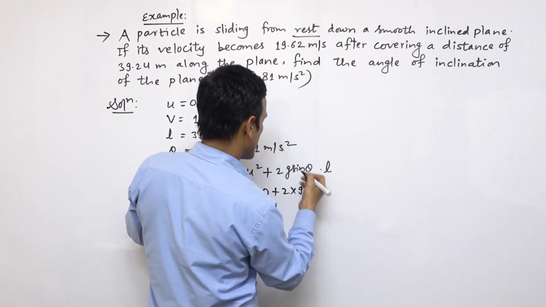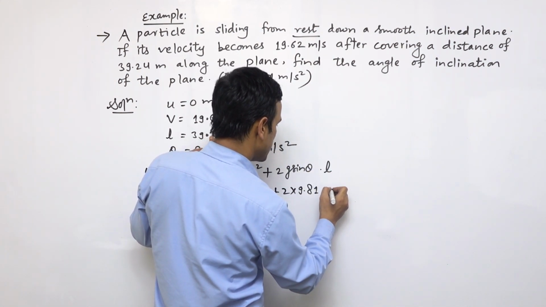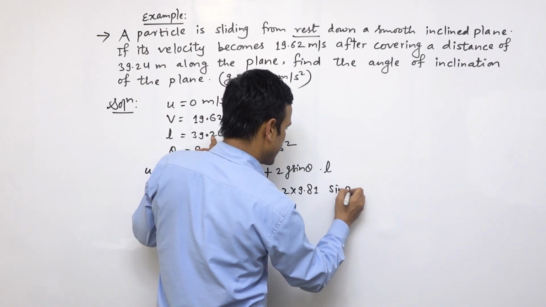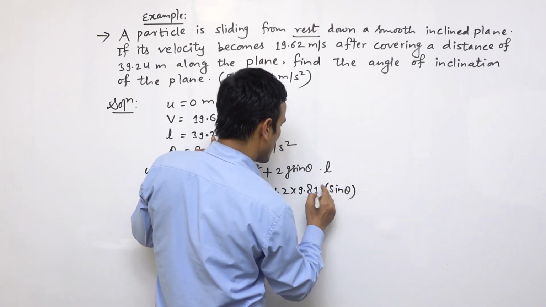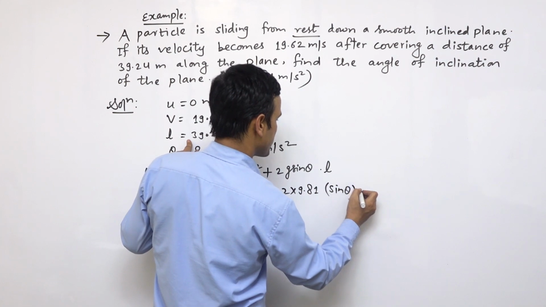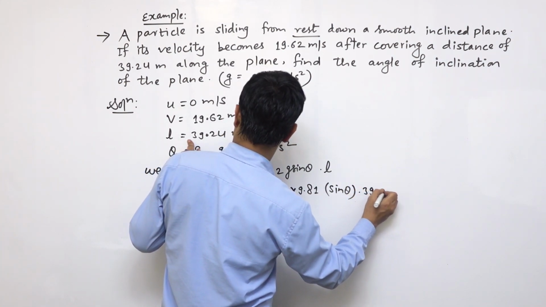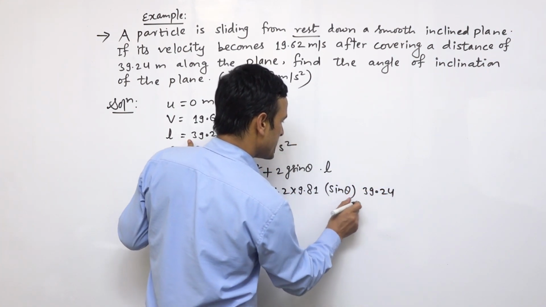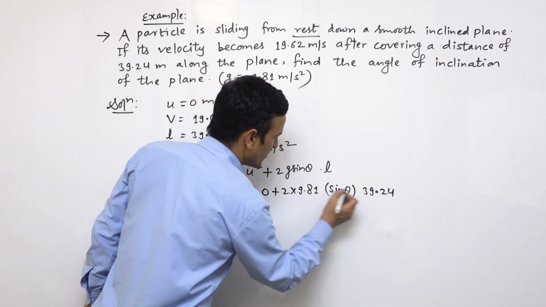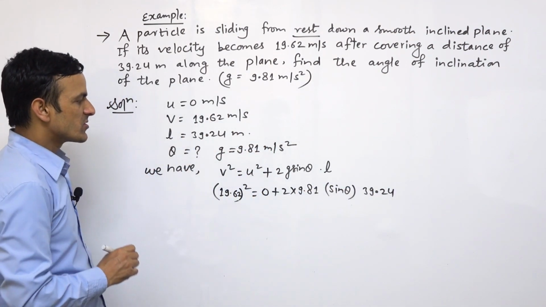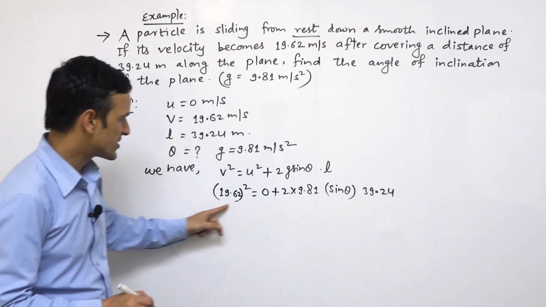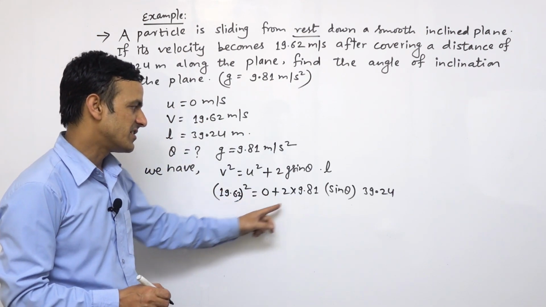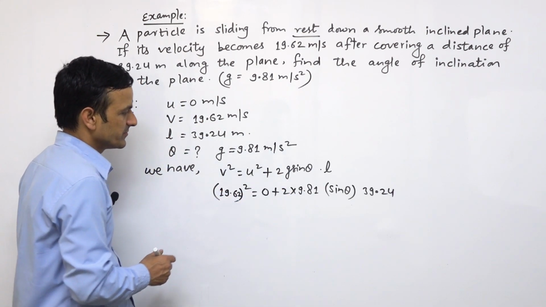So it is sin theta, and L means 39.24. Multiply this one. So we can solve this question and write down the value of sin theta.